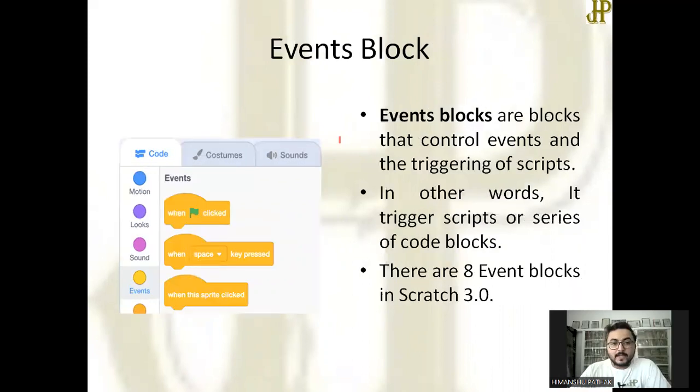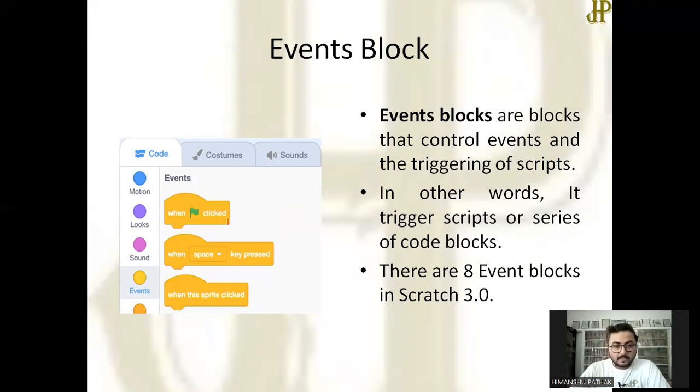Next one is event block. Here you can see that in my previous example, I had to double click on it to run a particular segment. But if you want that with the help of the keyboard something will happen, then event blocks are used.